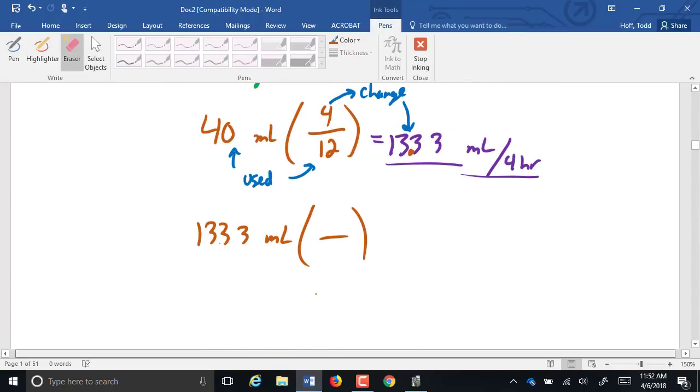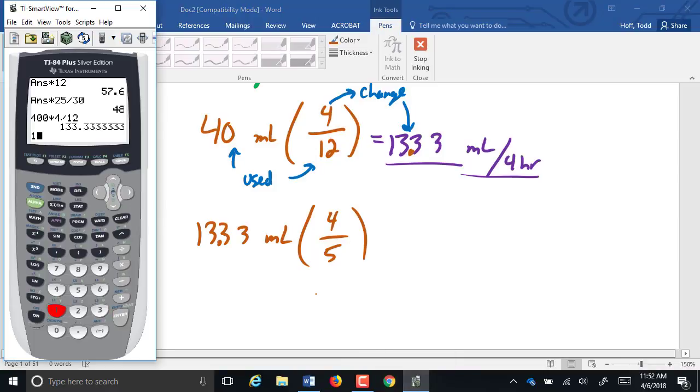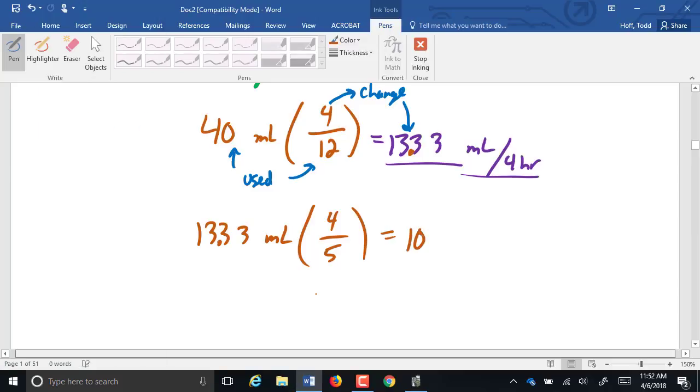So then down here it is 13.33 being converted. We use the 5 milligrams per kilogram to make that. We want to see what it would be at 4 milligrams. So 13.33 times 4 divided by 5, 10.67 milliliters.